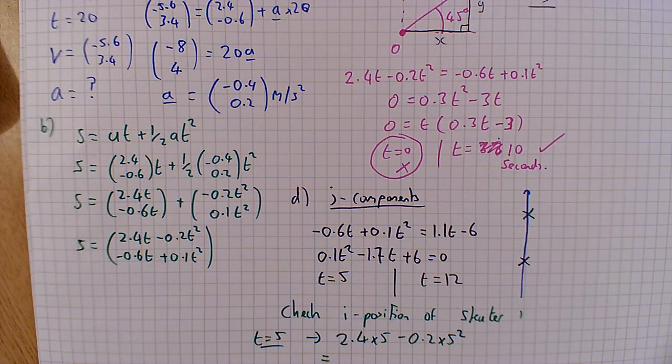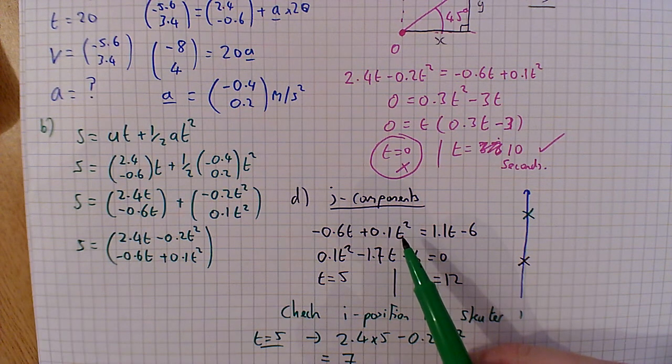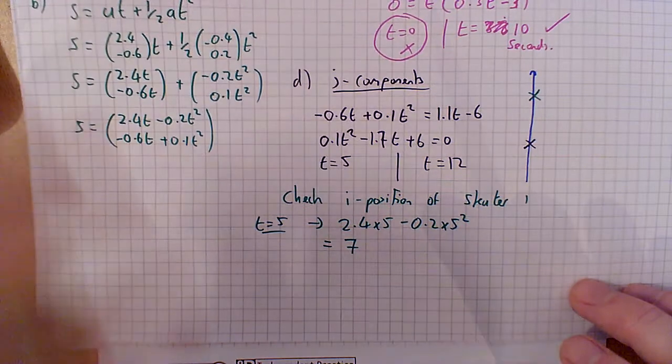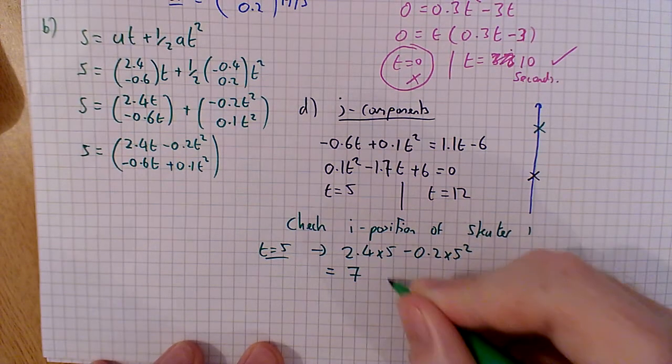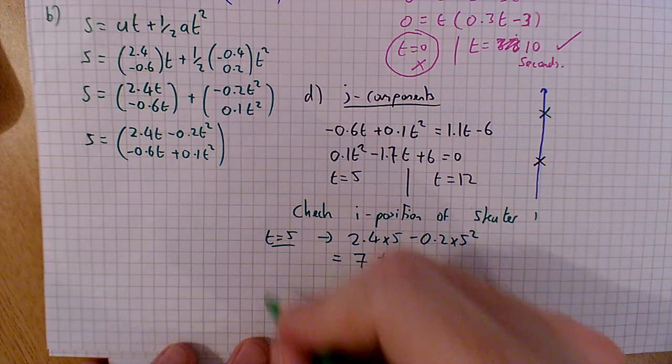This is 7, which is no good. So whilst they have the same j component, the second skater has an i component of 0, and our first skater has an i component of 7. So this is no good. It doesn't equal 0, so they're not in the same position.